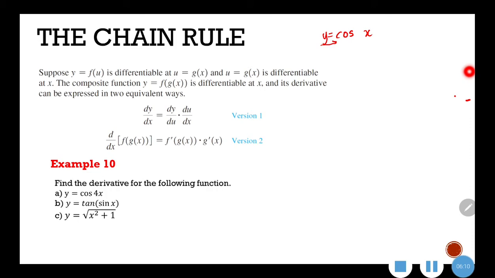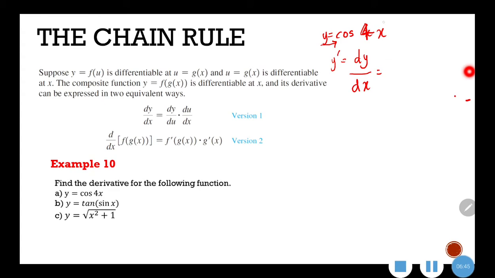The first function that you see from the left is cos 4x.